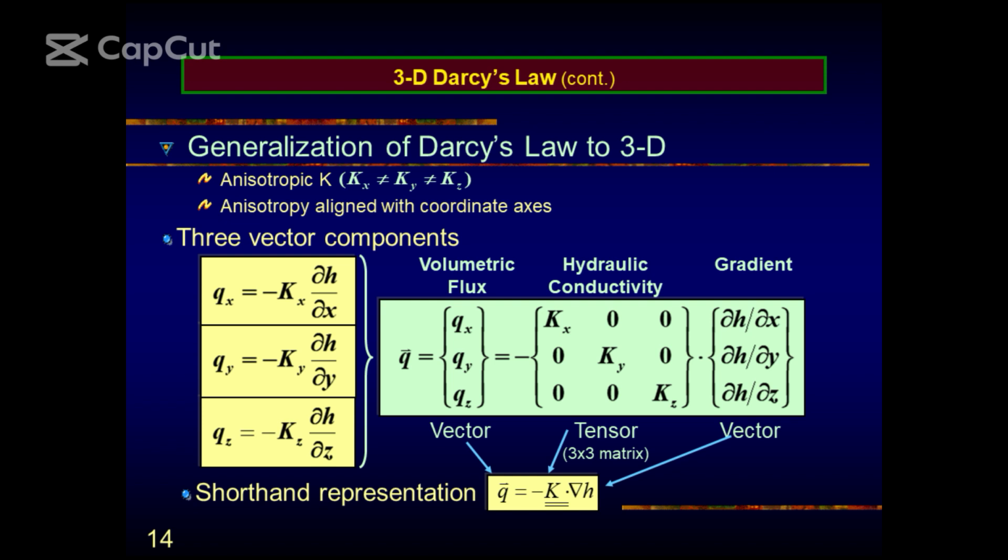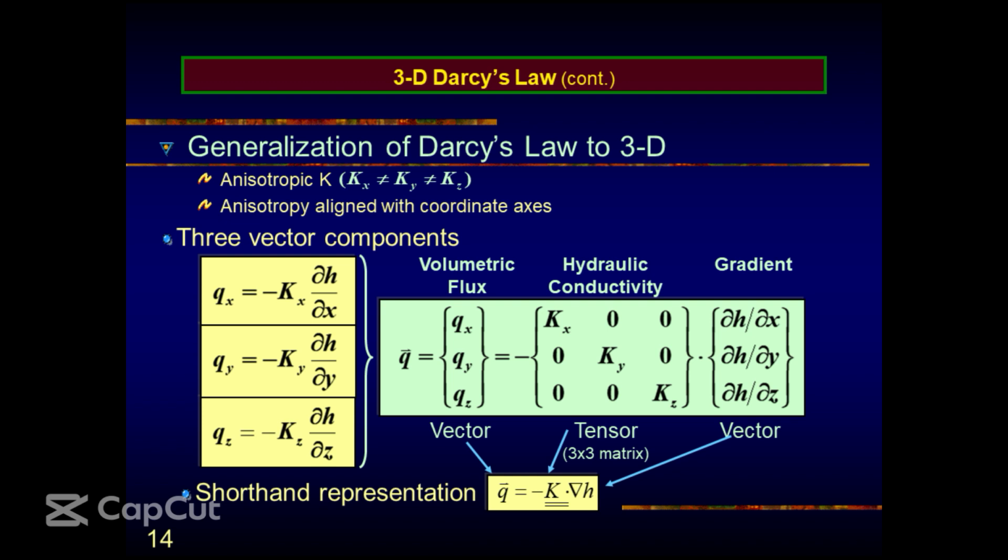But if it is anisotropic, you will have to have this. And if the anisotropy is aligned, meaning the principal directions are aligned with the Cartesian coordinate system, we will only have the diagonal values. The cross terms will become 0.